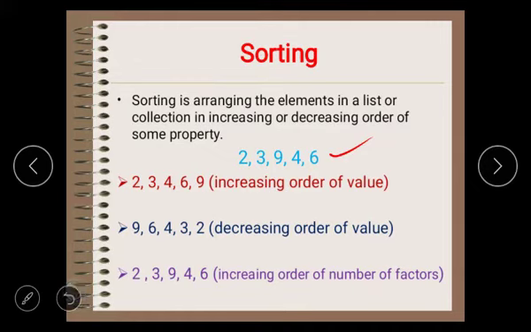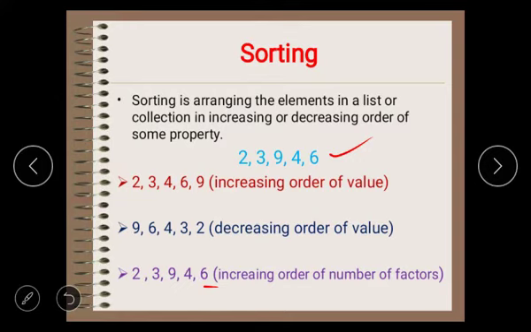And the next number 9 has only three factors: 1, 3, 9 itself. And the next number 4 has three factors: 1, 2, 4 itself. And the last number 6 has four factors: 1, 2, 3, 6 itself.